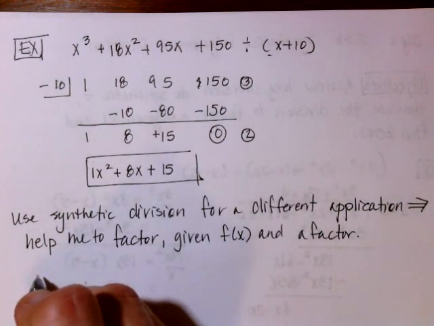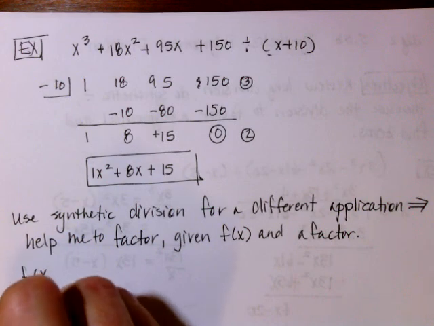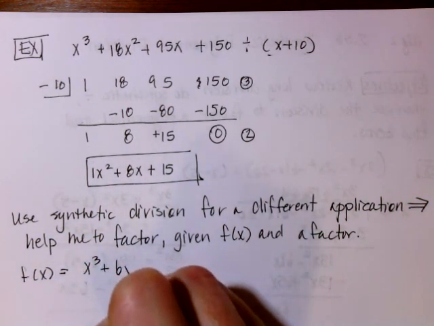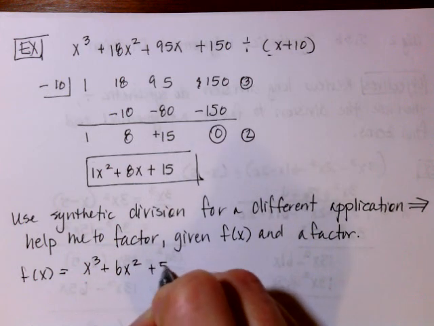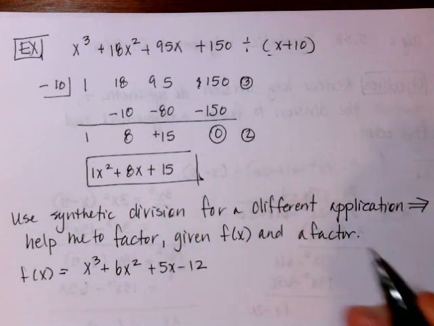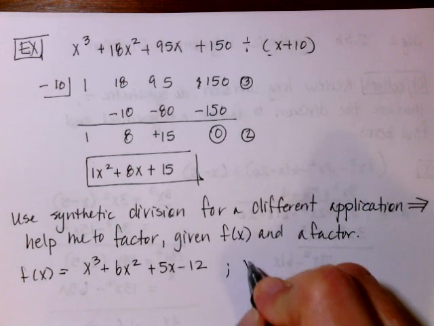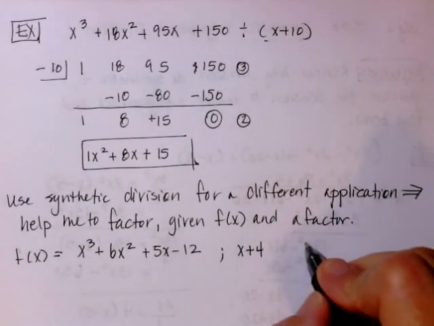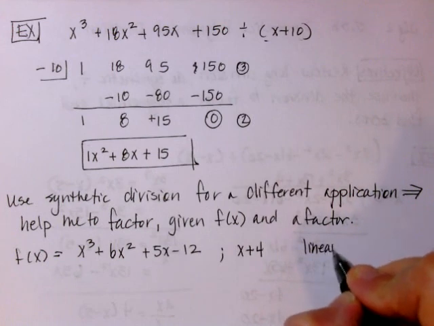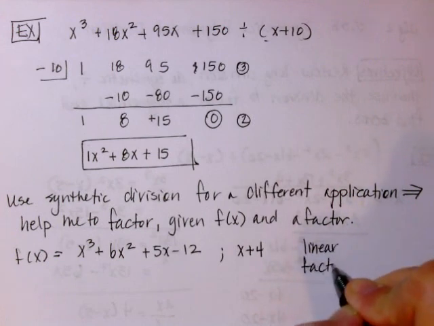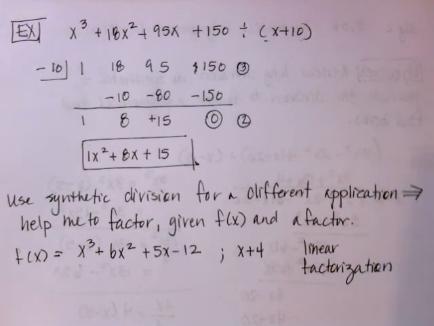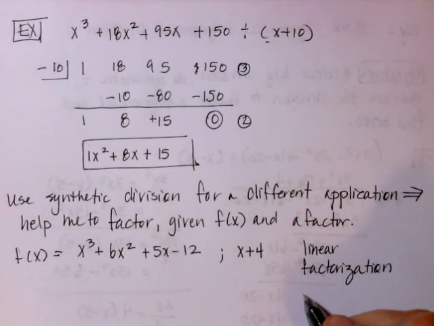All right, so let's say I'm given a function, f of x is equal to x cubed plus 6x squared plus 5x minus 12, and I know that one of the factors is x plus 4. So I want to write what's called the linear factorization, which basically means I want to write my polynomial in factored form.